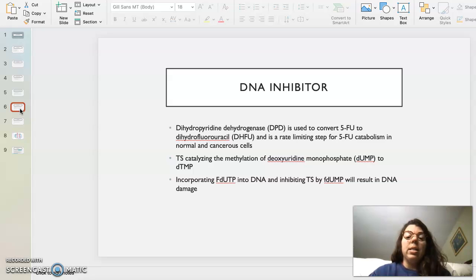TS catalyzes the methylation of deoxyuridine monophosphate, DUMP, to DTMP. And the incorporation of FDUTP into DNA inhibits TS by FDUMP, and it results in DNA damage.